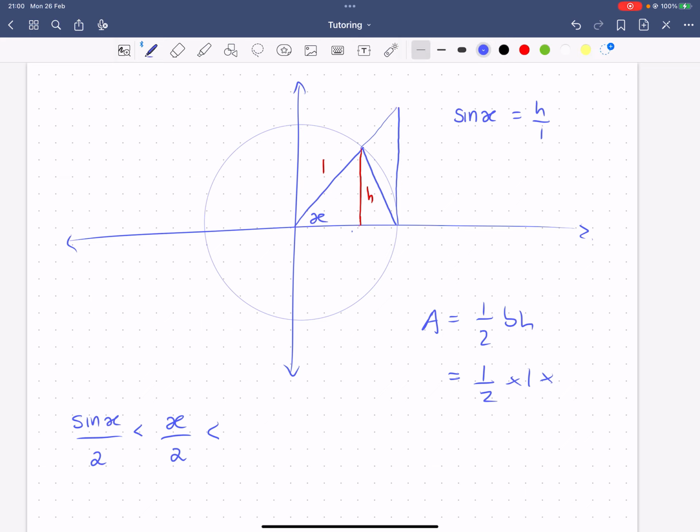We know that this much is 1, but I don't know what the rest of this is. I do know, however, that its base is 1. If I get rid of this height so it's not confusing, and call this h for height, well, we're using tan because we've got an opposite and adjacent. So tan of x, that's my angle, is h on 1. So the height of that triangle is tan of x. So the area of this larger triangle is tan of x on 2.